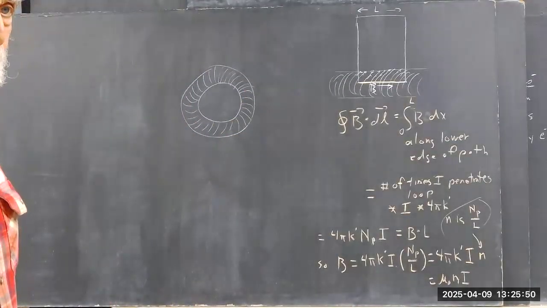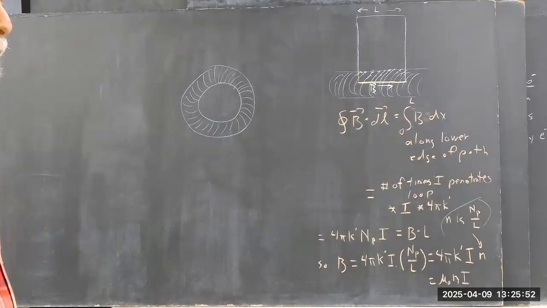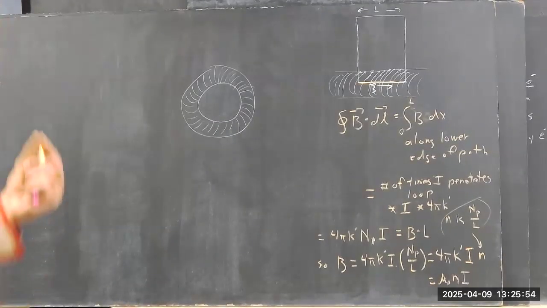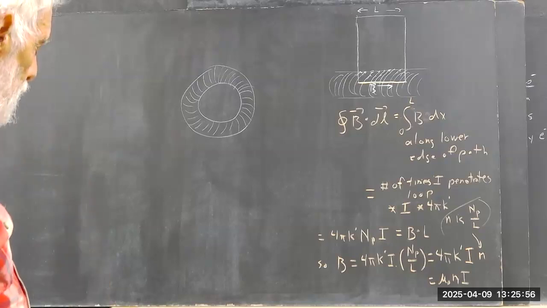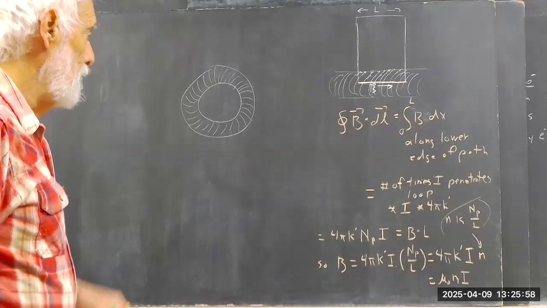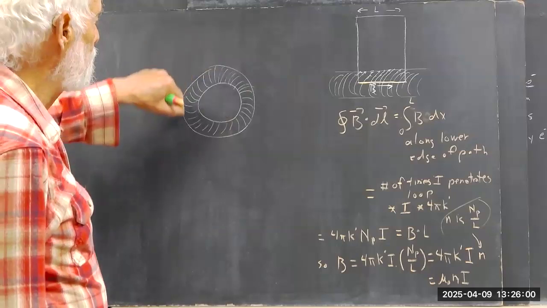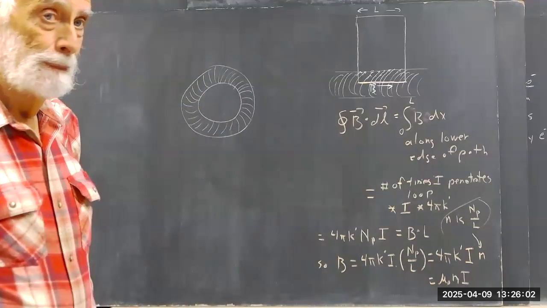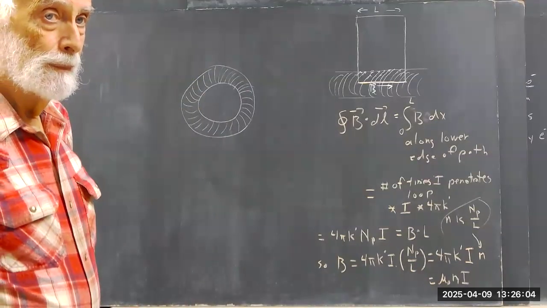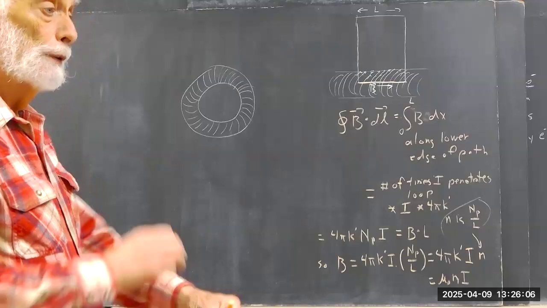Okay. This time, the path that I want is just a loop inside the torus.